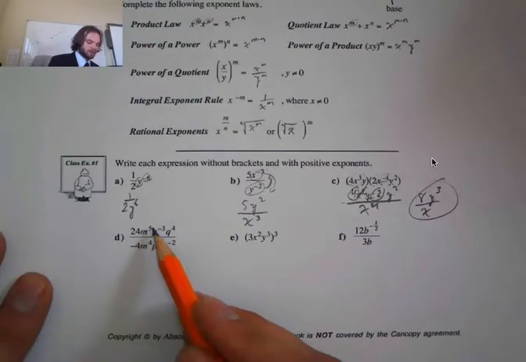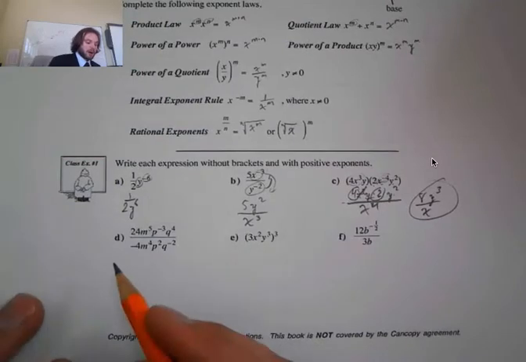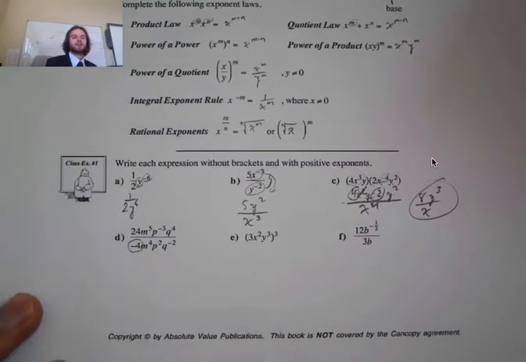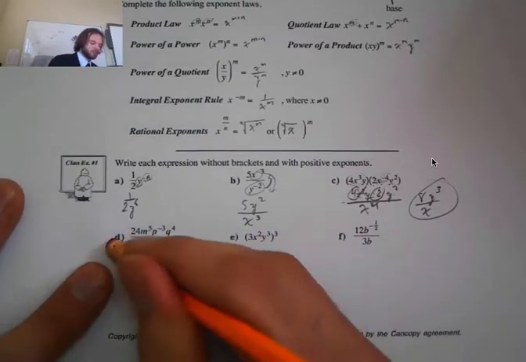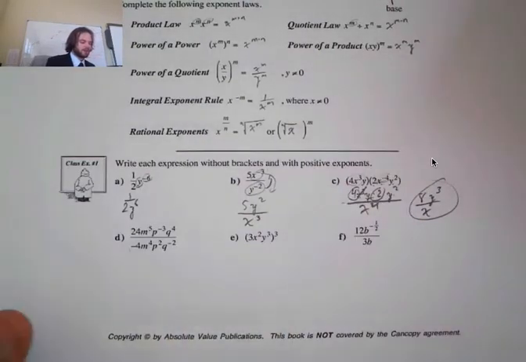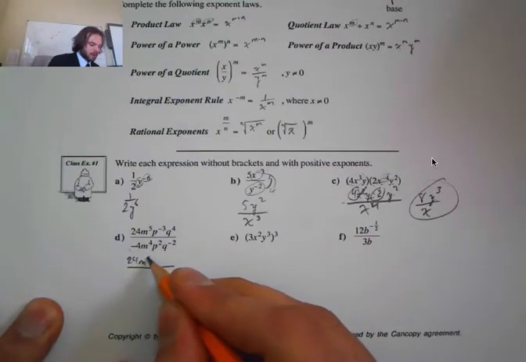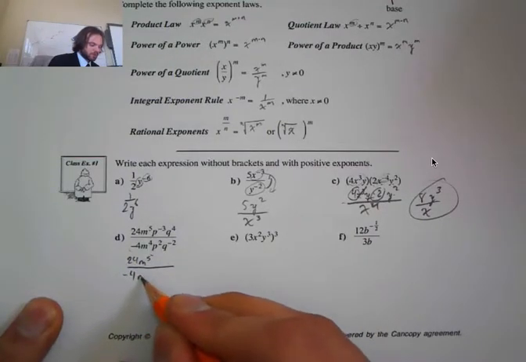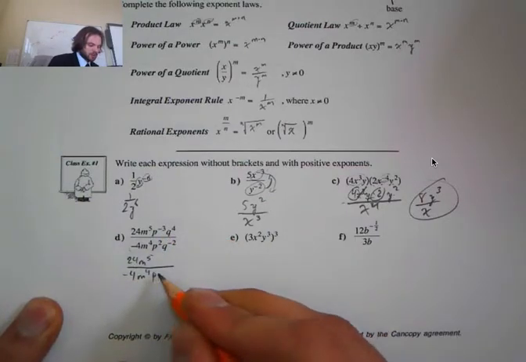This next one here, I have a lot of things that are negative. I'm going to put all my negatives on the bottom and my positives on top. But notice this negative here, that's not a negative exponent, so we can't apply the integral rule. Every once in a while students make that mistake, they get carried away with the negatives. So I have 24m to the 5, over 4m to the 4. This p is negative, so I'm going to put it down. So I have p squared.